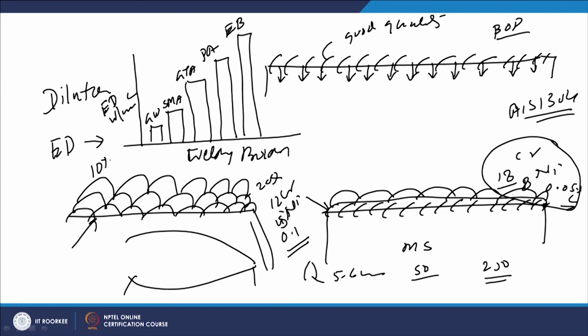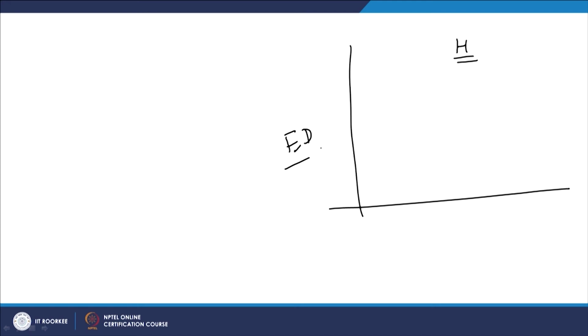Now, we will understand, if H is the amount of heat required under ideal conditions, then using the process which is offering the low energy density, we need to supply the heat for a longer time, so that the required amount of heat can be supplied.